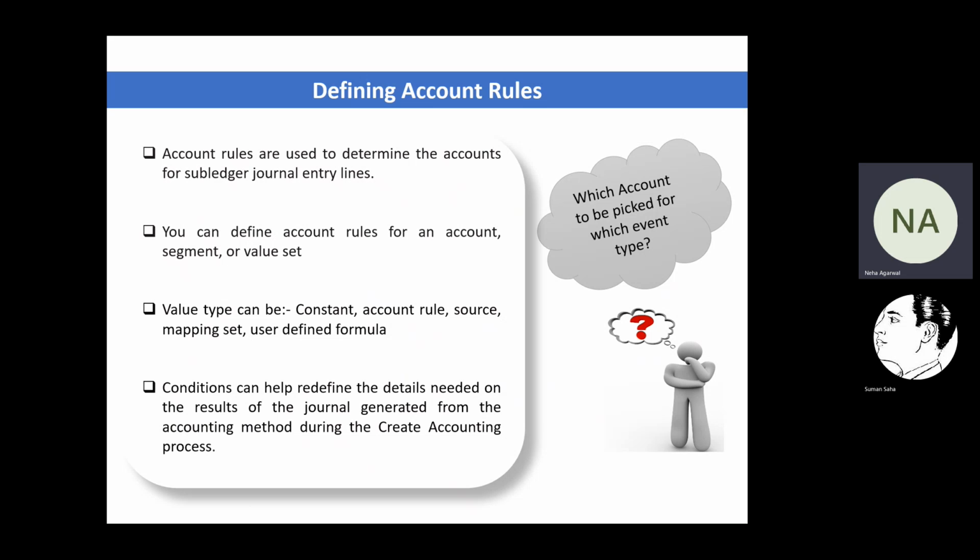You can also use the combination of the account rule with the segment rules. Means you can have the account rule and segment rule. In this case, the segment value is derived from the segment rule to override the corresponding segment of the account.